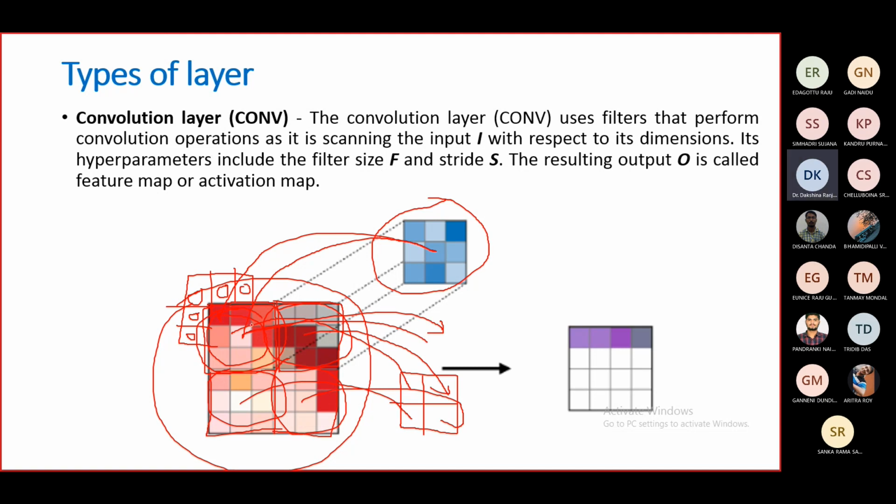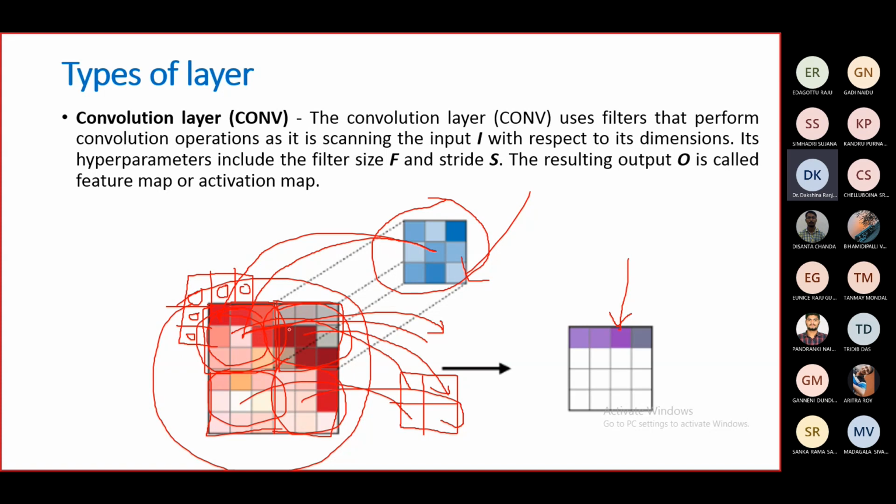In this case, here we can see that this is the input image, this is the filter, and this is the feature map. That means here we have applied the overlapping convolution operation, and this filter slides with overlap across the input image, and we have generated this feature map.